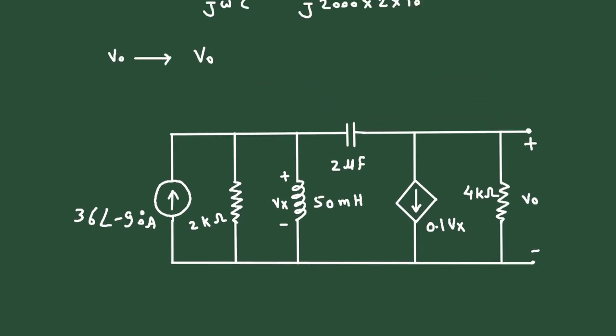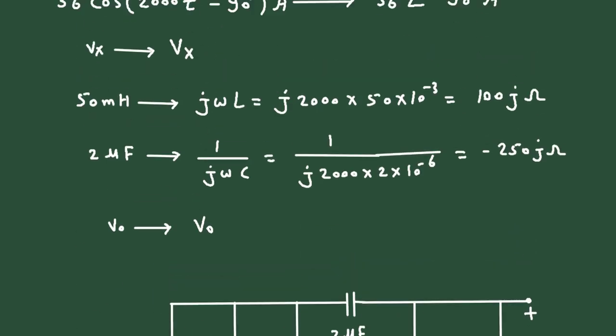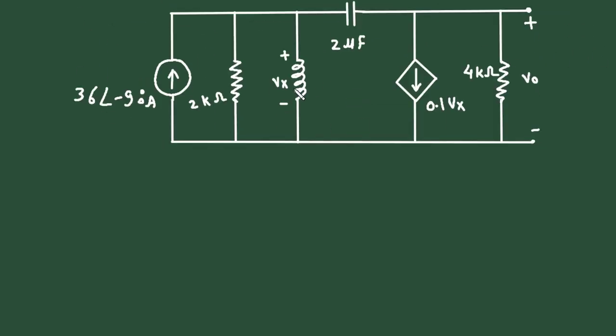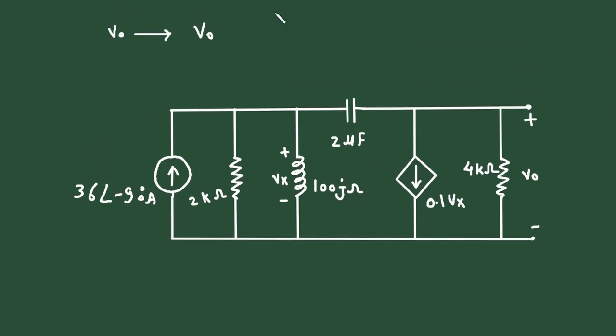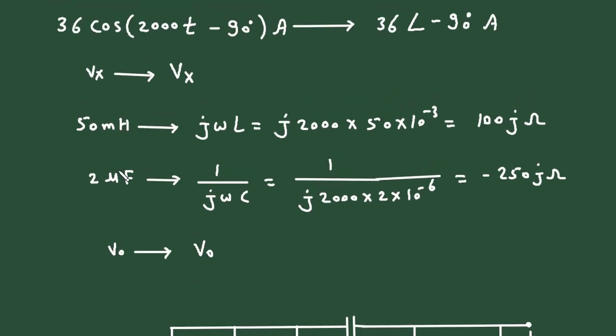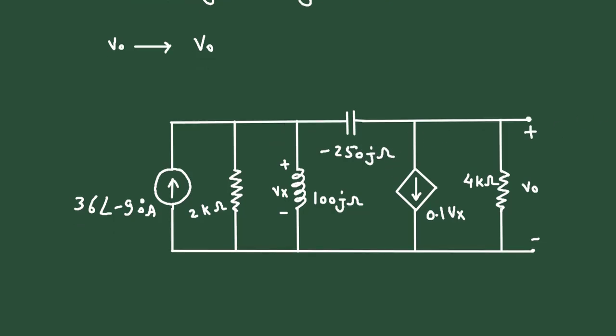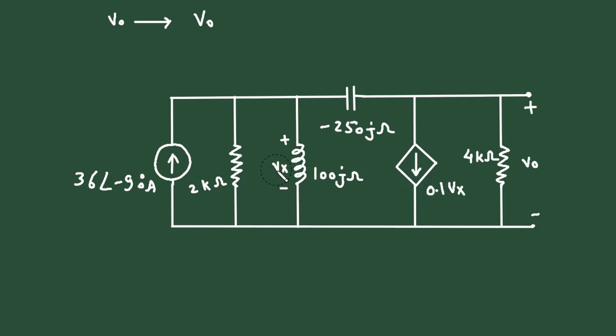Then this 50 millihenry will change to 100 j ohm. 2 microfarad will change to minus 250 j ohm.